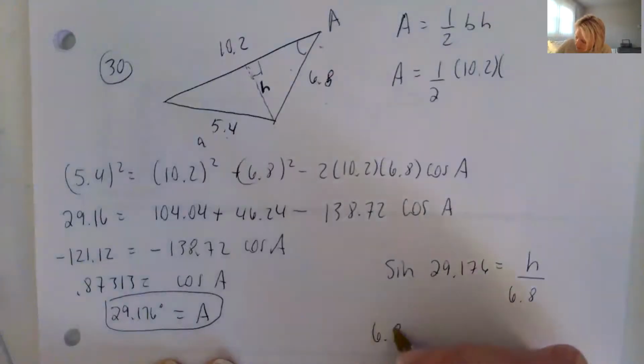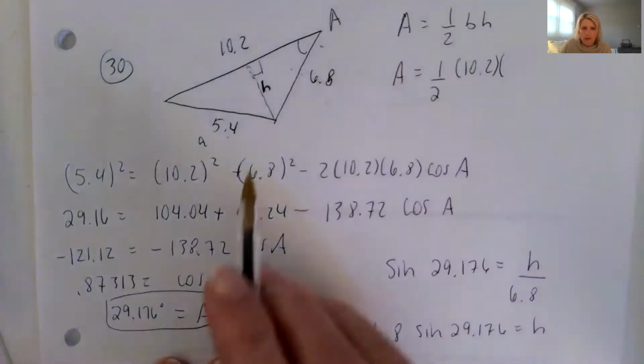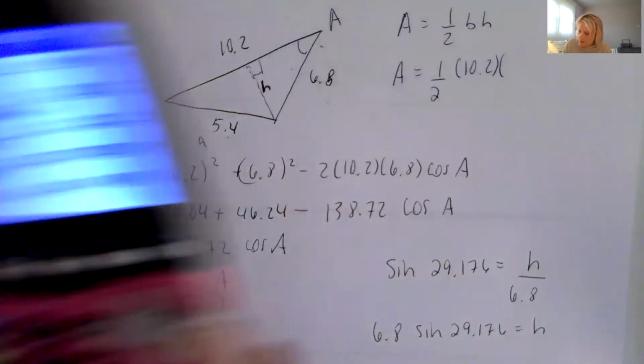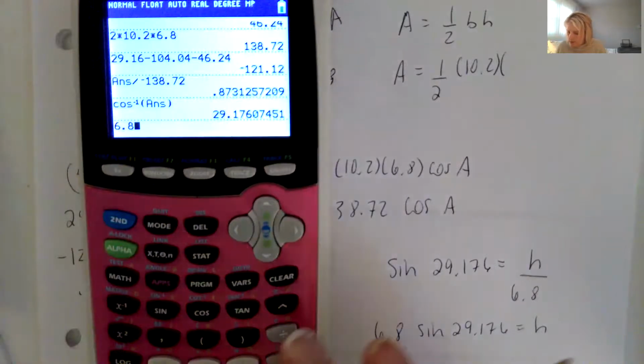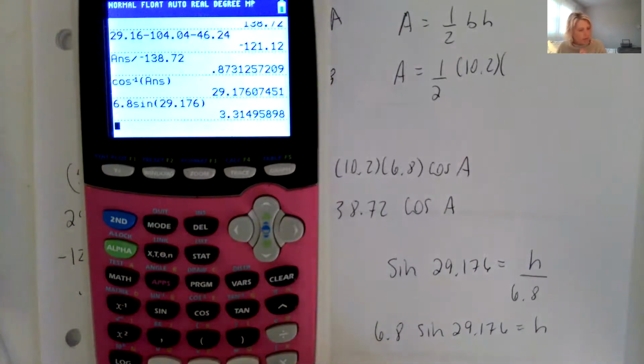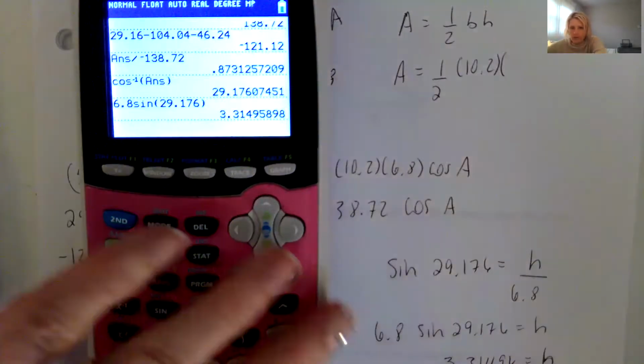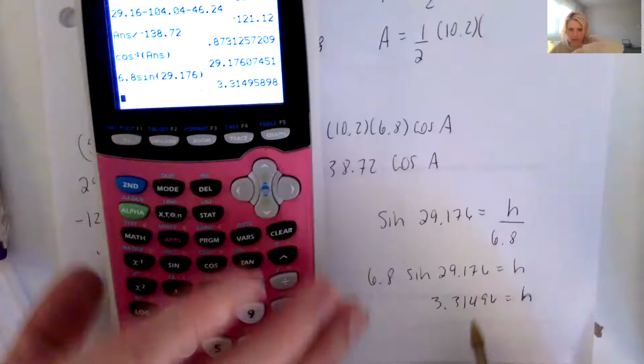So 6.8 times the sine of 29.176 will give us H, the height in our triangle. So 6.8 times the sine of 29.176 is 3.31496. H is 3.31496.